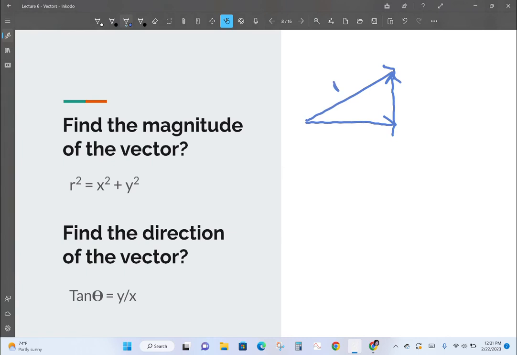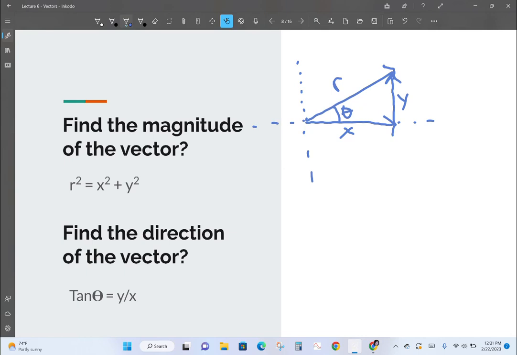It has a hypotenuse, which we're going to call the resultant. It has an x and a y. So just imagine that this is on an xy axis, like that. And we're going to have an angle. And the angle we find in this formula is always across from the y.